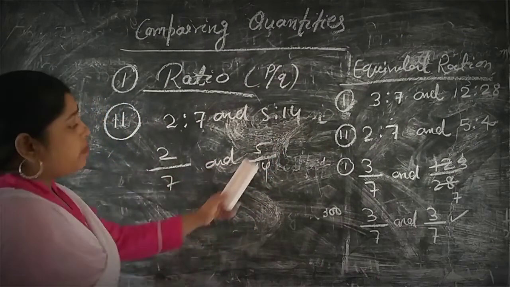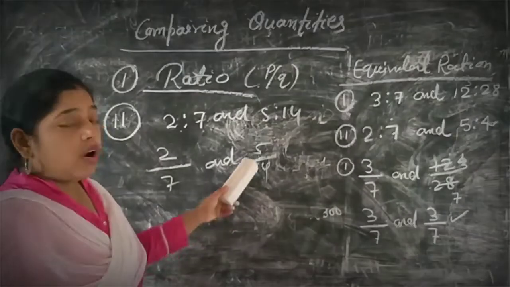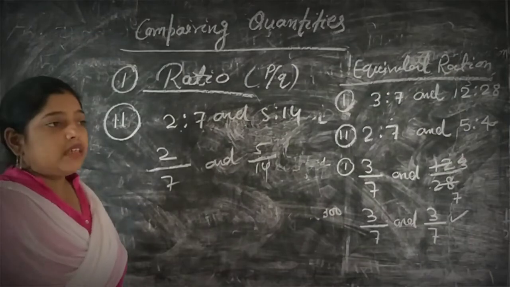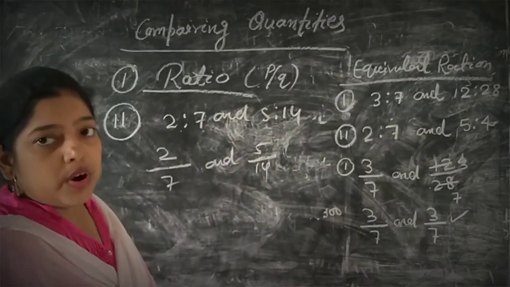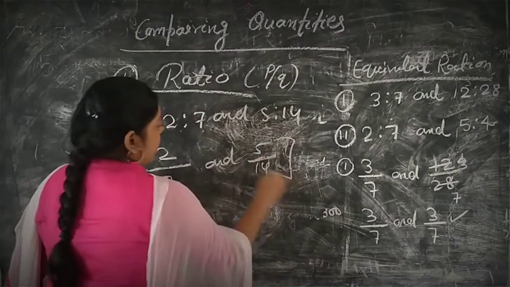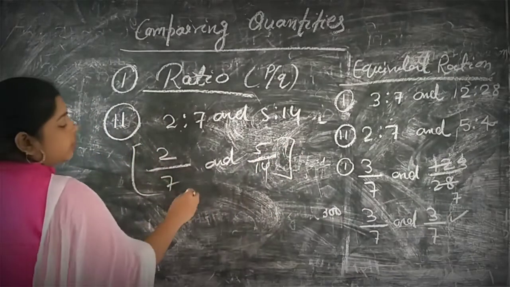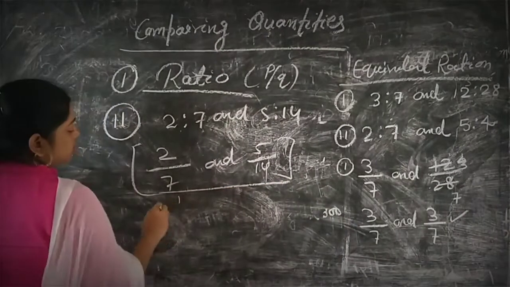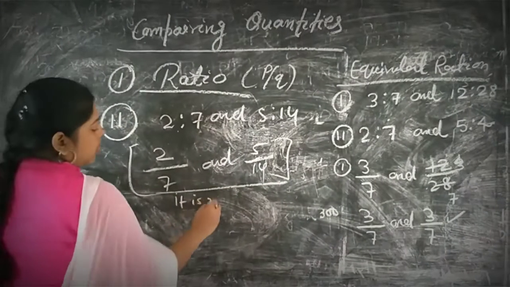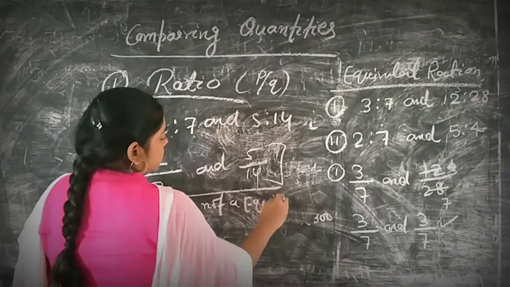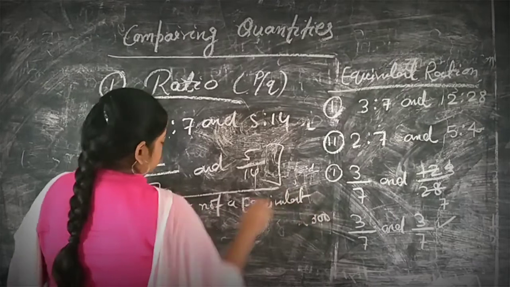Because 5 is a prime number, we cannot divide it. Prime numbers are divisible only by one and the number itself. So these terms are not an equivalent ratio.